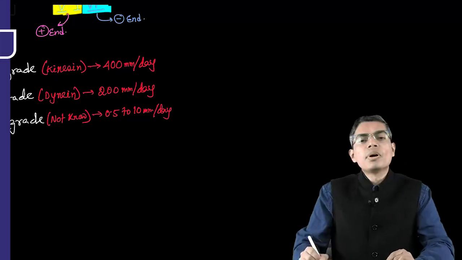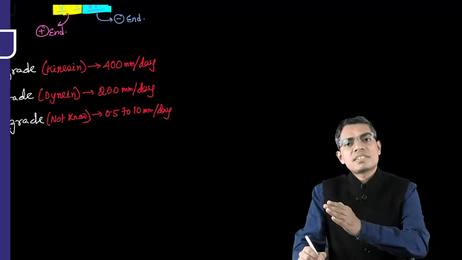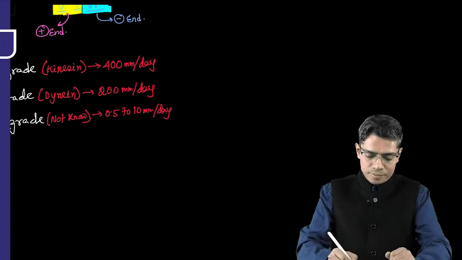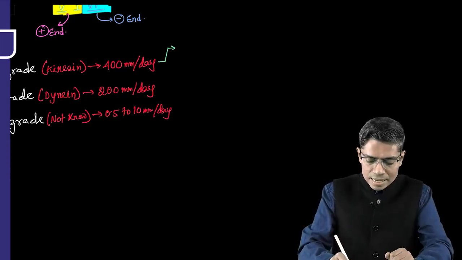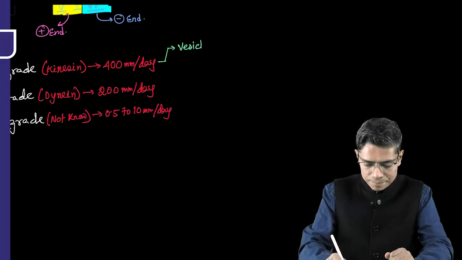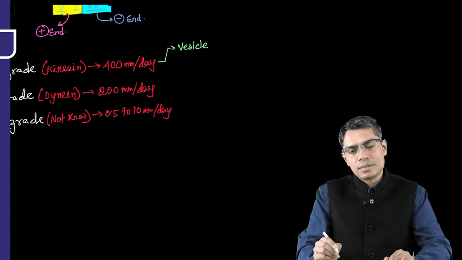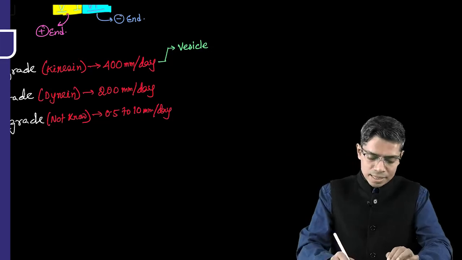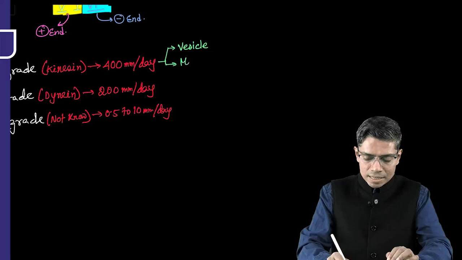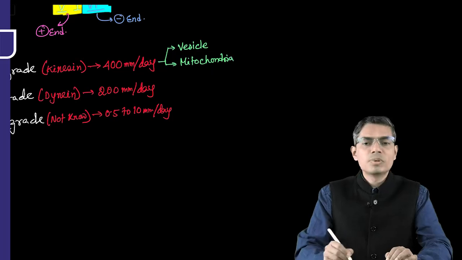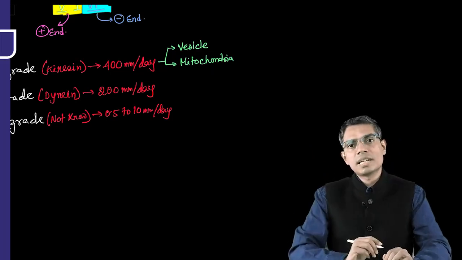Now, what are the molecules that are transported by fast anterograde transport? I told you already, any kind of vesicles derived from the Golgi body. So Golgi derived vesicles will be transported by fast anterograde transport. Second, any kind of cell organelle, for example mitochondria. Suppose you want to transport mitochondria from the cell body to the axonal end.